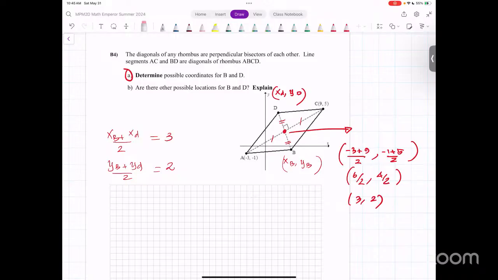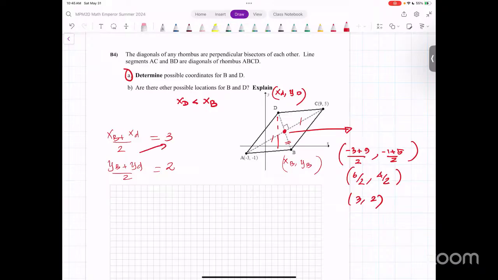So you should know the coordinate of D is supposed to be less than 9, and the coordinate of B also needs to be less than 9. The x coordinate of D is supposed to be smaller than the x coordinate of B. So we have to think about two numbers that, when you add them together, give you 6.